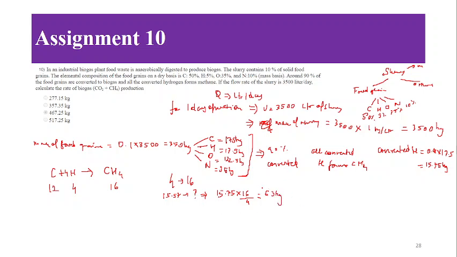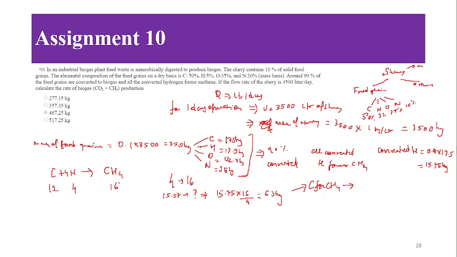Now we know how much methane is produced. Okay, so from here we can find out how much carbon is utilized for CH4. We are given here 63 kg, and again this relation comes into play.